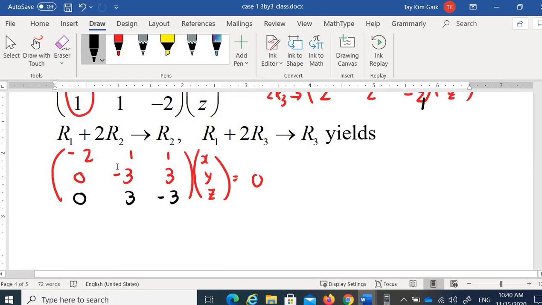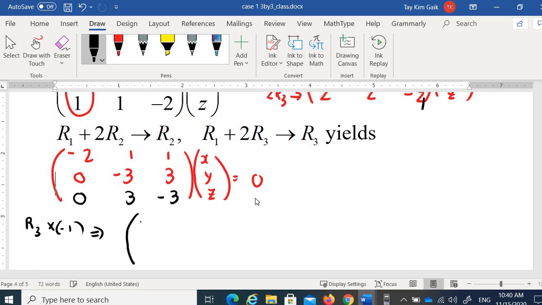And now you see, focus on the latest system here. Do you notice if row 3 and row 2 are actually equivalent? If you multiply row 3 by negative 1, you get back negative 2, this is 0, this is 0, this 1, this negative 3, this 1, this is 3.